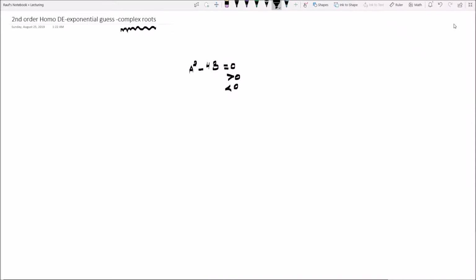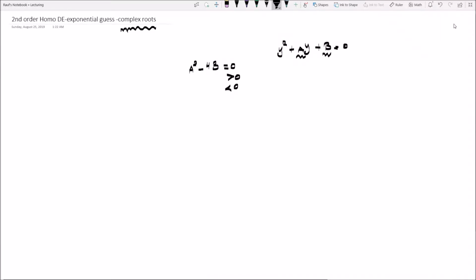Then the moment you have complex roots, of course, as we mentioned before, you change all your y's into lambdas. Let's say you have lambda squared plus a lambda plus b equals 0. That's a typical second order homogeneous differential equation. So this is your a, this is your b.